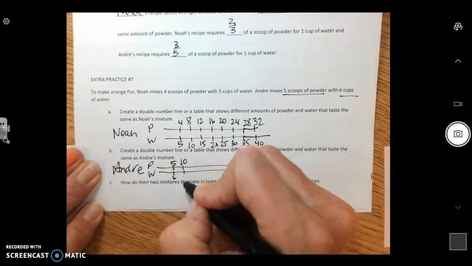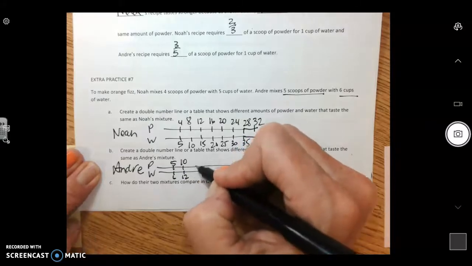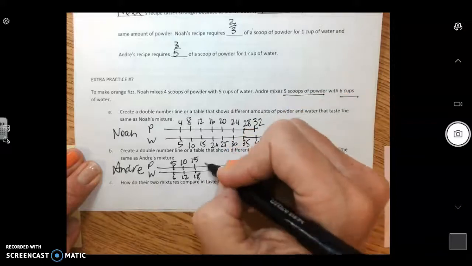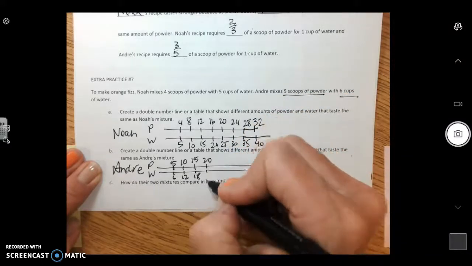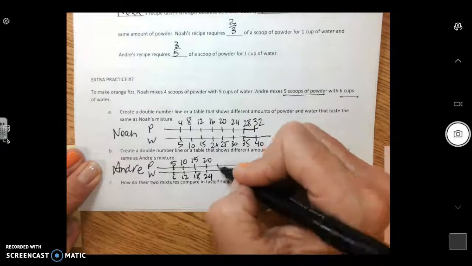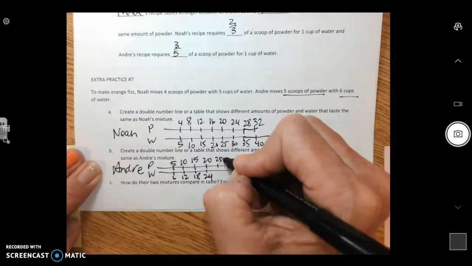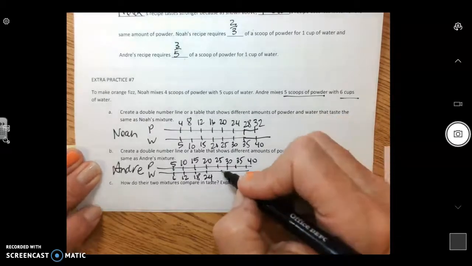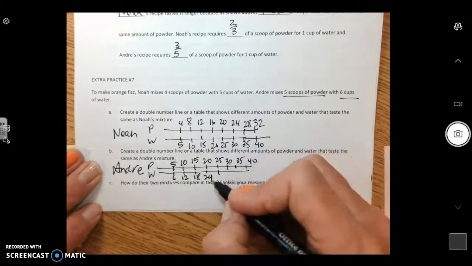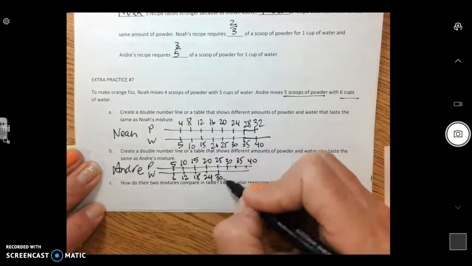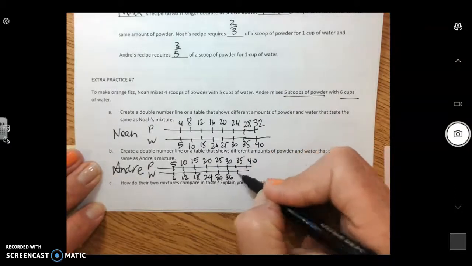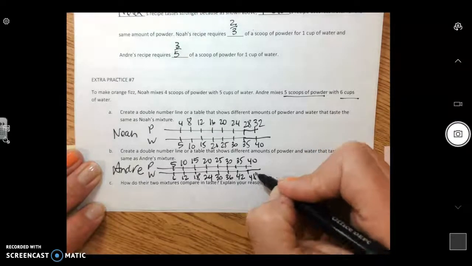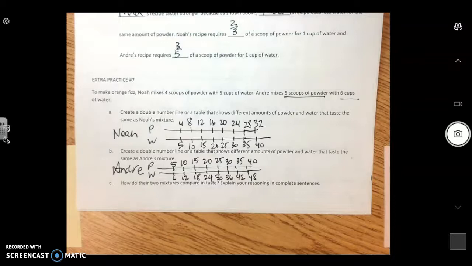So a double recipe, times 2 for each, 10 and 12, times 3, 15 and 18, times 4, 20, 24, and we'll just continue. 6, 12, 18, 24, 30, 36, 42, and 48. So we're going to try to figure out where their mixtures compare.